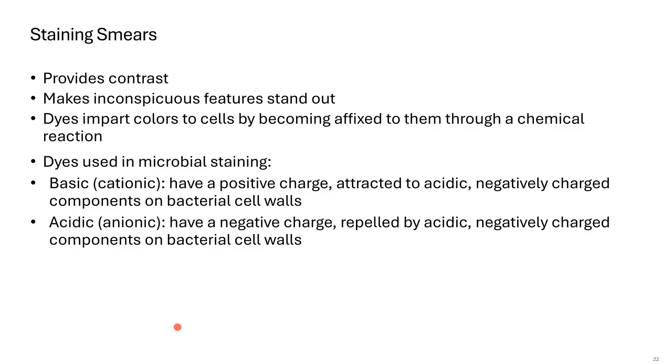So basic or cationic dyes have a positive charge and they're attracted to acidic, negatively charged components on bacterial cell walls. Acidic dyes or anionic dyes have a negative charge and they're repelled by acidic, negatively charged components on bacterial cell walls.